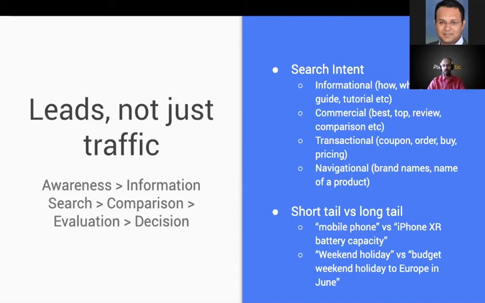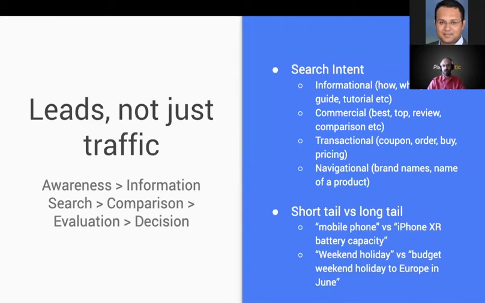And it is helpful to think about the buyer's state of mind mapped to a decision process, which is fairly well known in the B2B space. You are looking at an awareness stage, then an information search, and then a buyer gets into a comparison stage, then they evaluate, and they make a final decision.